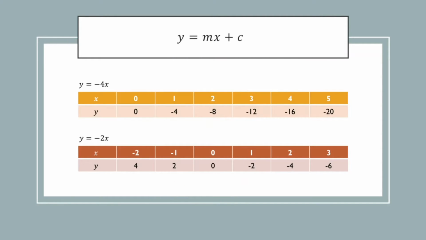Now this one is a minus. That means every step it's actually going down by 4. So minus 4, going down by 4. Same with the minus 2, minus 2, minus 2.